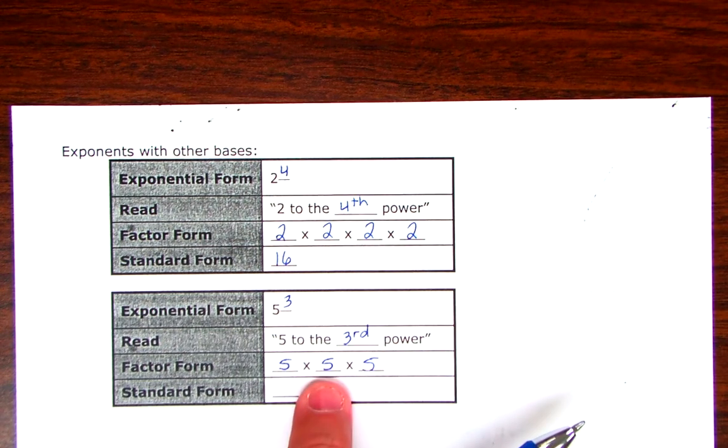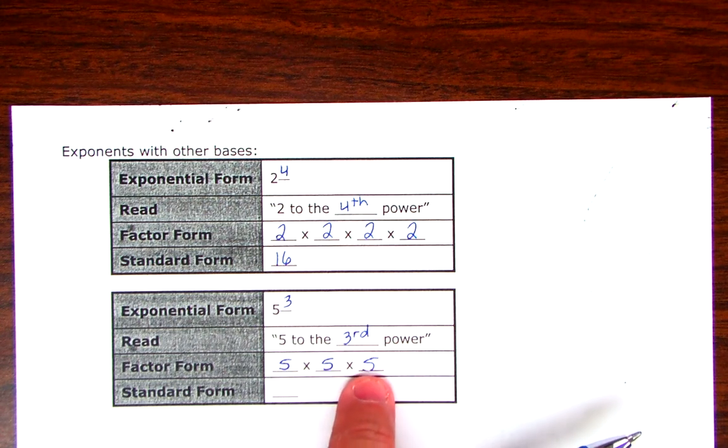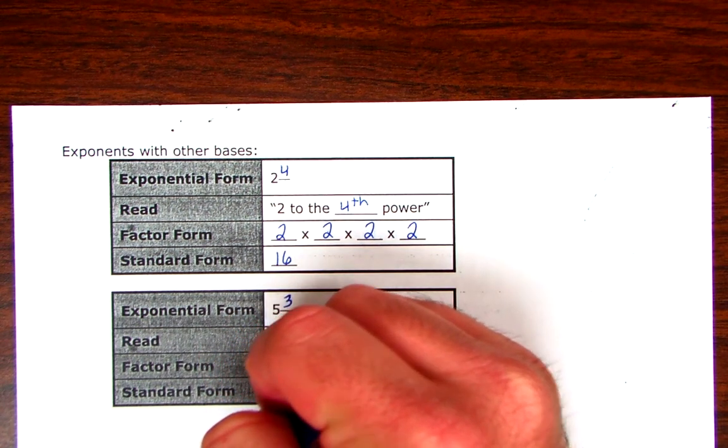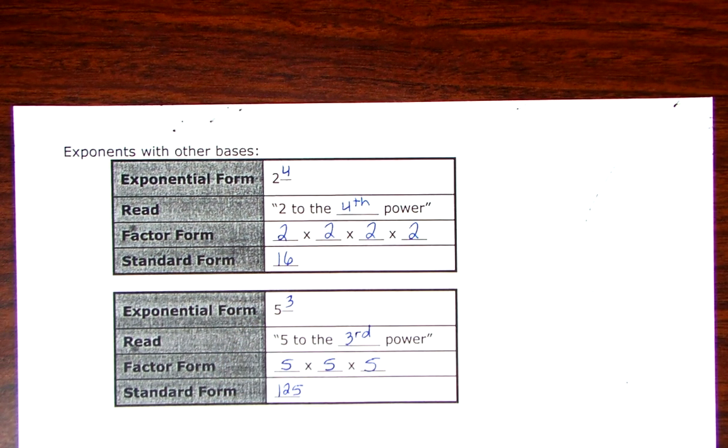Well, 5 times 5 is 25. 25 times 5. Well, guys, if you have 5 quarters, that is $1.25, right? Well, let's just take out the decimal. You have 125. Woo! All right.